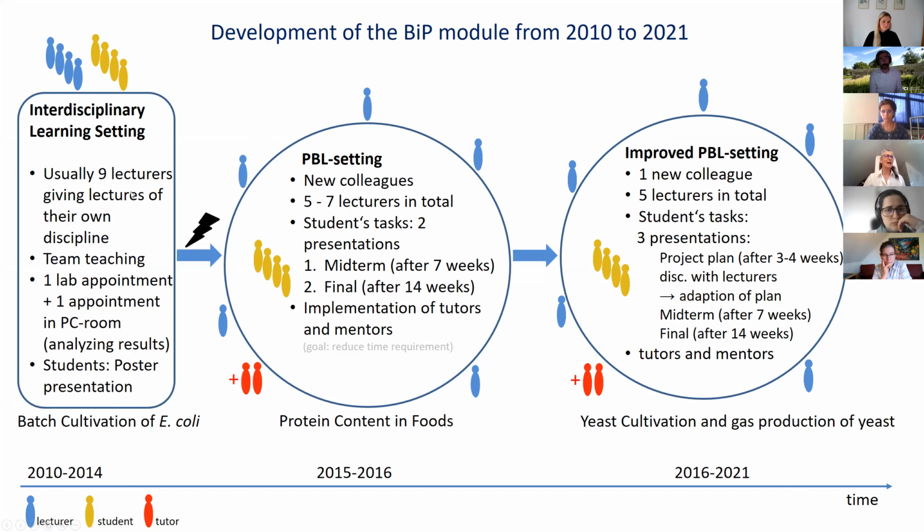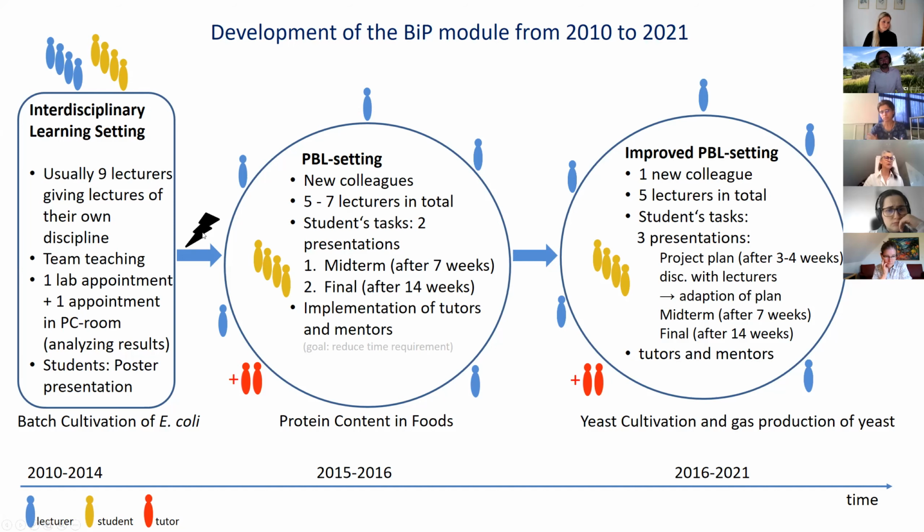In the beginning, 9 highly motivated colleagues, blue characters, met to improve the Bologna process and started BIP. BIP means biotechnology as an interdisciplinary project. We gave lectures in a classical teaching format towards our students, yellow characters. And we had some elements of team teaching.